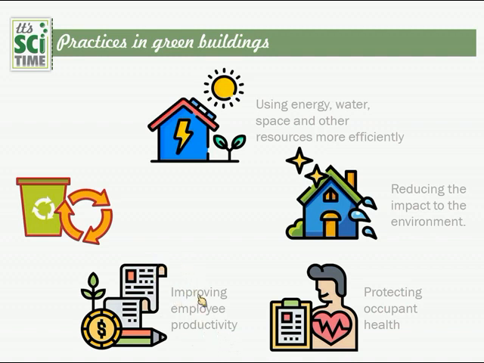Therefore, we have to arrange an environment in such a building for a more productive life for the people who are living in it. Last one, this fact, reducing waste generation or recycling waste. There should be a plan to recycle waste and to reduce waste inside a green building. These 5 practices are very important when constructing a green building.